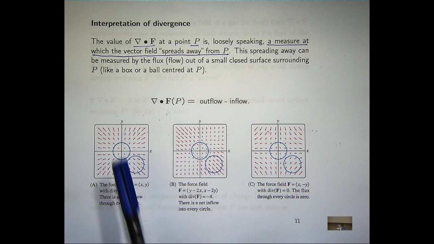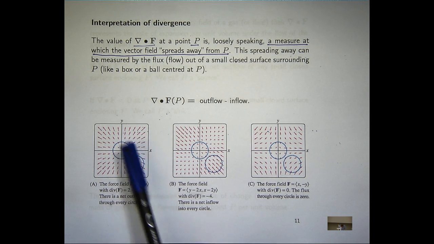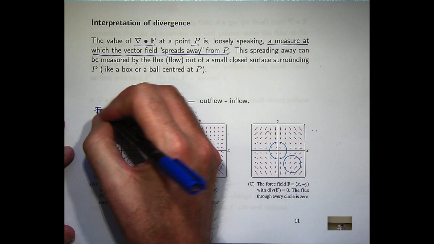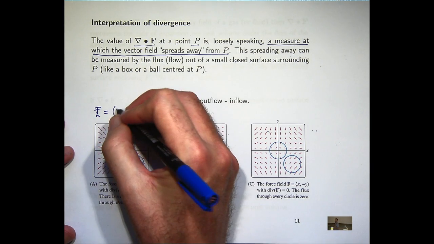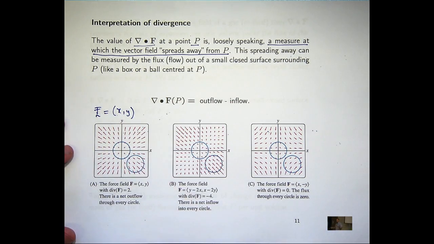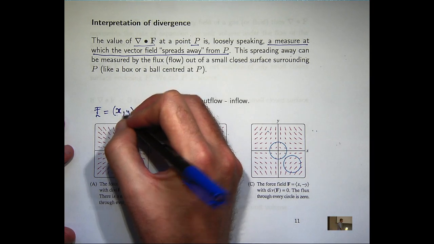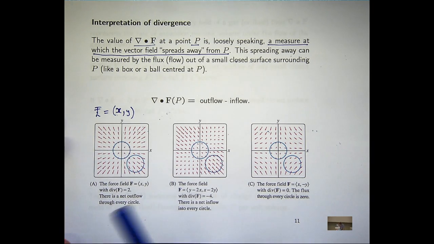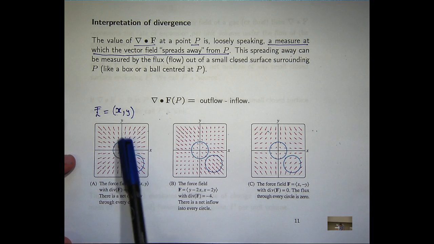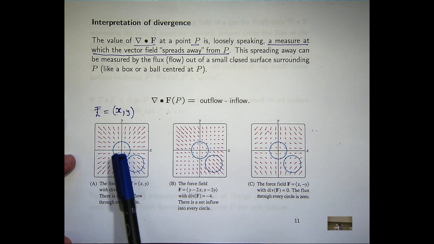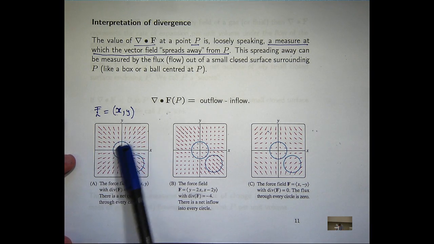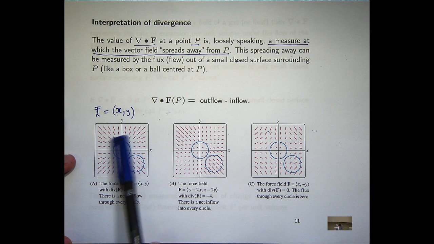Okay, so here I've drawn in some basic vector fields, and the idea is to try to get a geometric feeling for the divergence of each vector field. Well, let's just draw this circle in around the origin. And let's look at some of the arrows associated with the vector field. Well, you can see that over this circle, the arrows are all sort of pointing out.